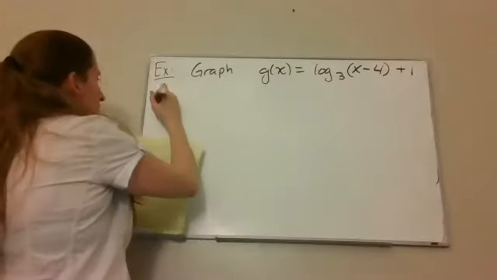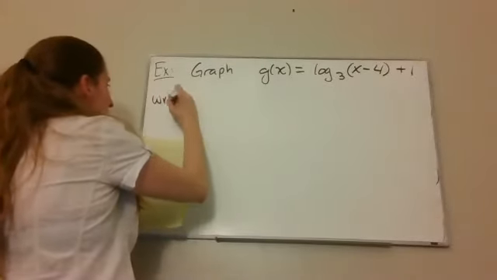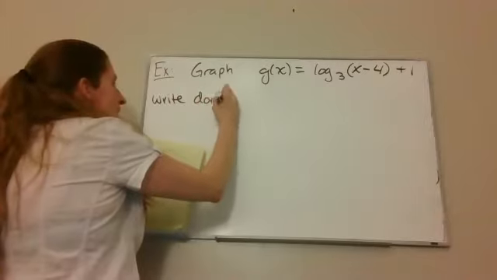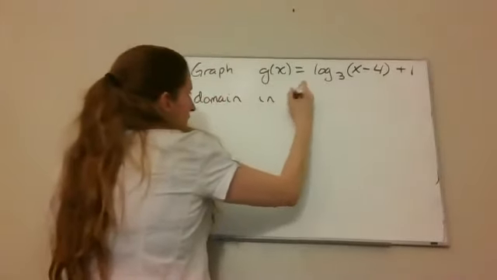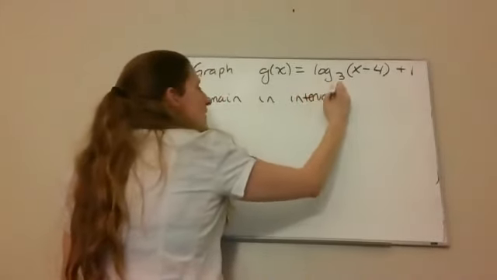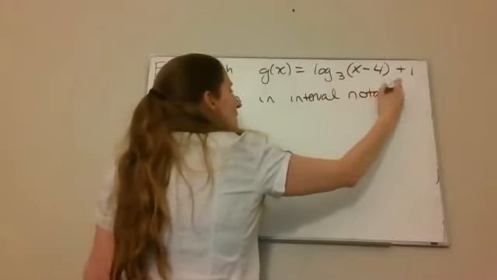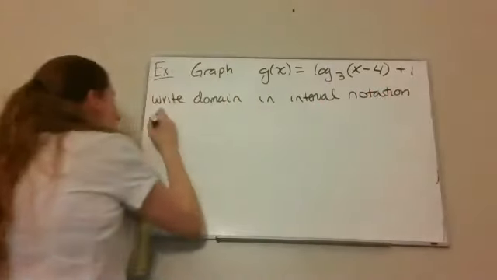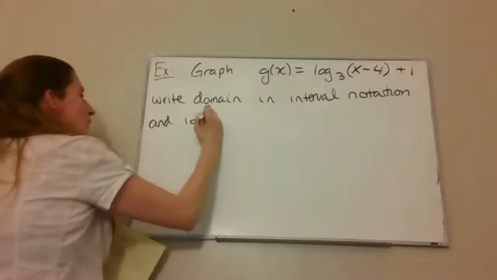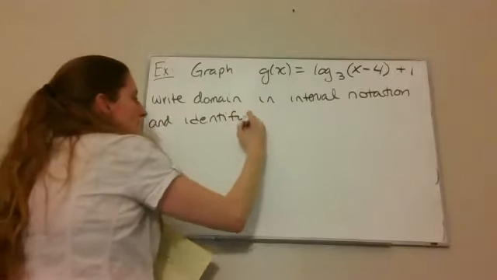And then we're going to write the domain in interval notation. And identify the vertical asymptote.